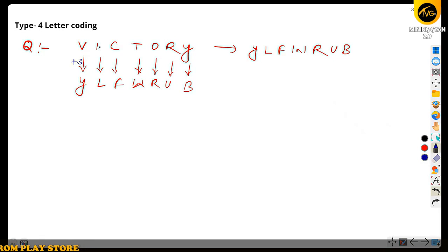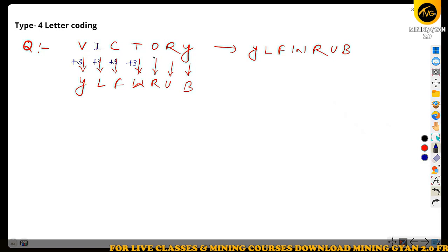Now similarly, I, J, K, L: again the gap between I and L will be plus 3. C, D, E, F: the gap between C and F is again 3. T, U, V, W: again the gap is plus 3. P, Q, R: again the gap is 3.